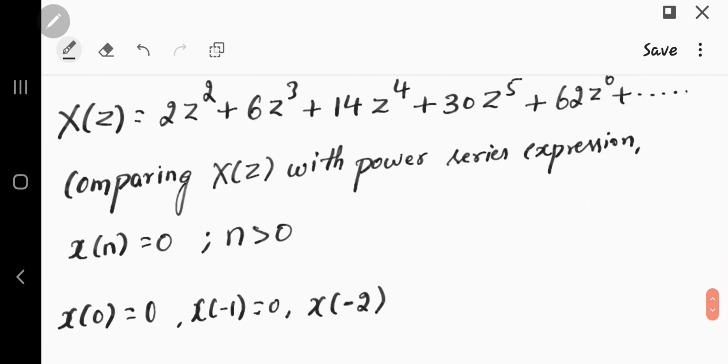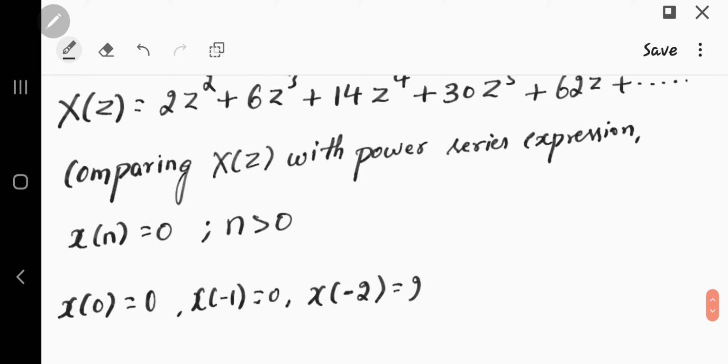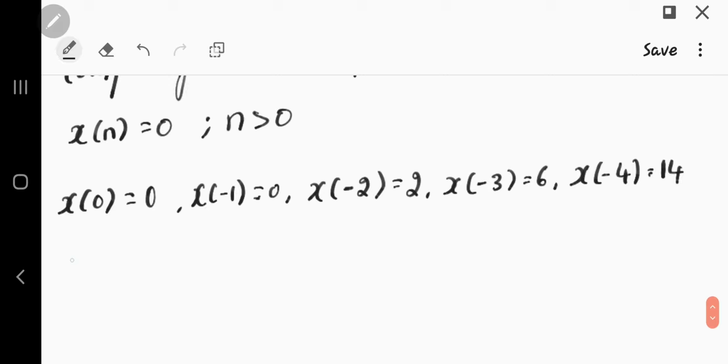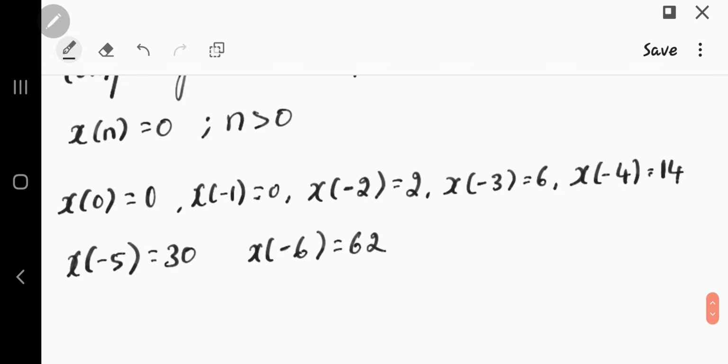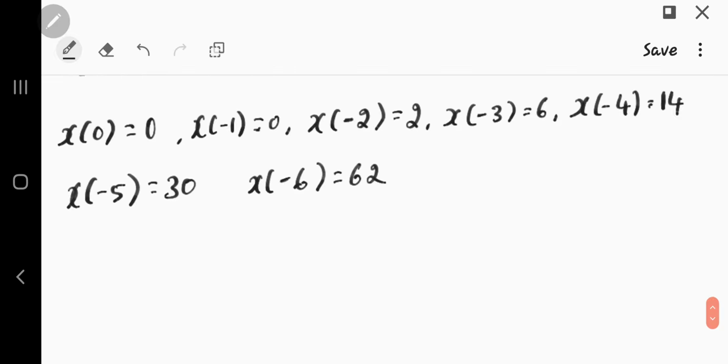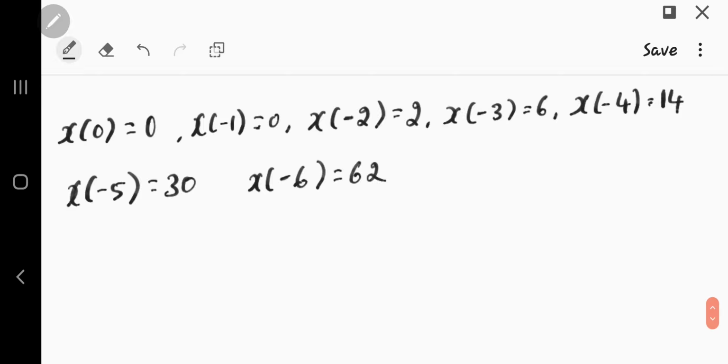For z squared the coefficient is 2, and for z cubed, x of minus 3 is 6, x of minus 4 is 14, x of minus 5 is 30, and x of minus 6 is 62. Now we have the values for x of n.